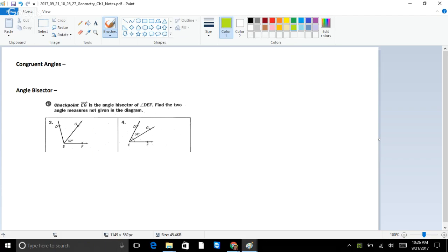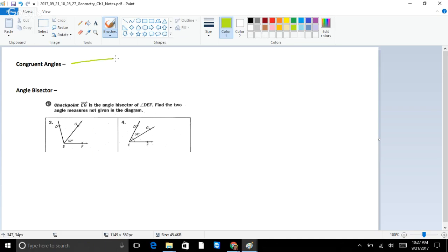So what do you think congruent angles mean? Oh, that's a good guess. They have the same something, but it's not the length. So with angles, we're worried about the measure of the angle. Okay, so two congruent angles have the same measurement.